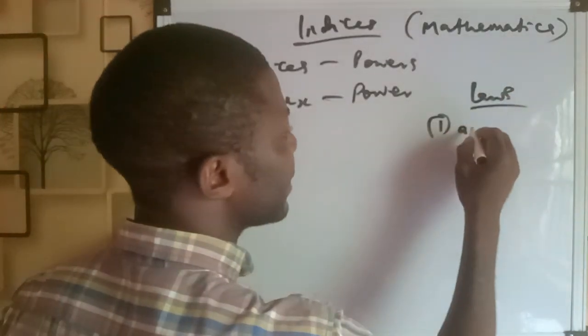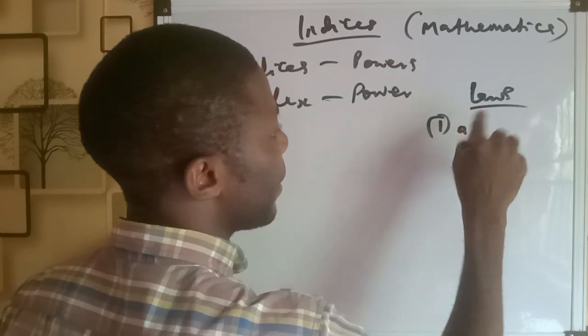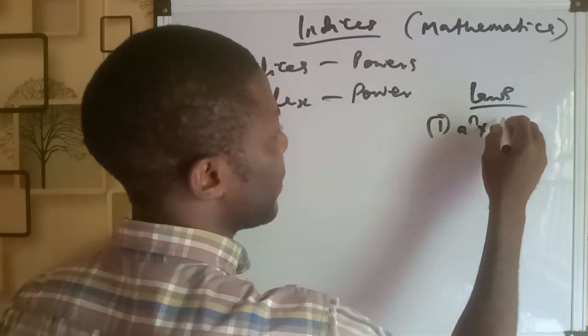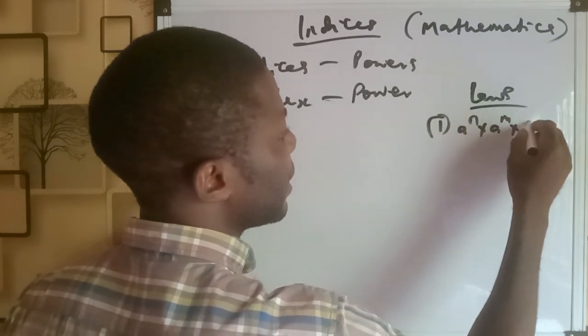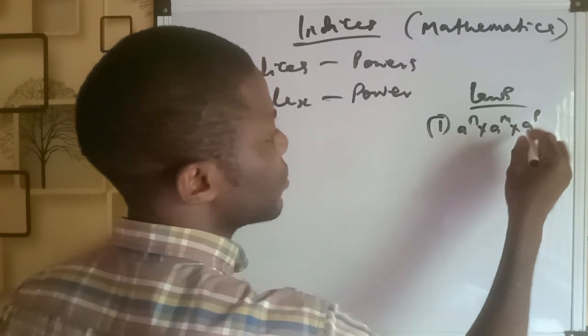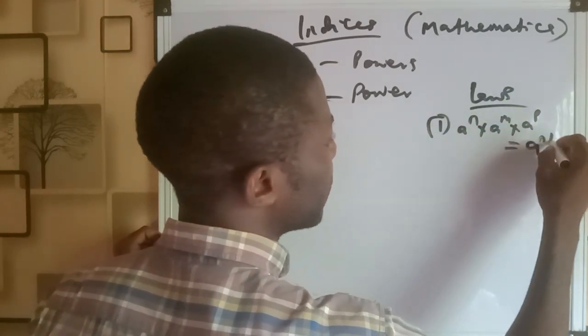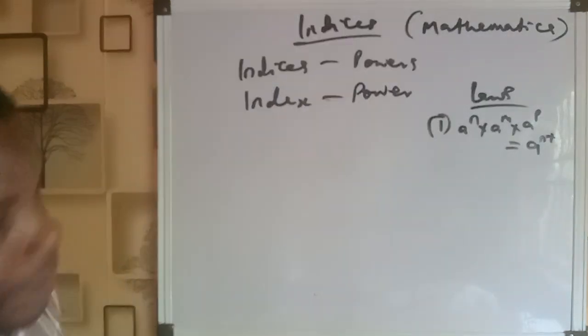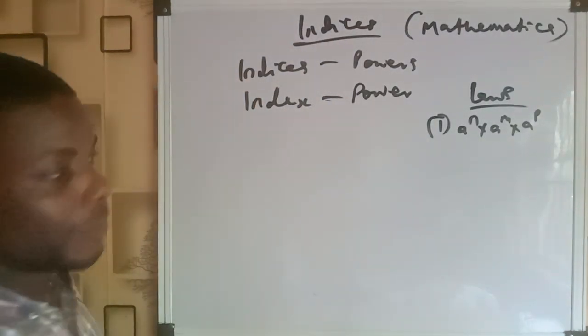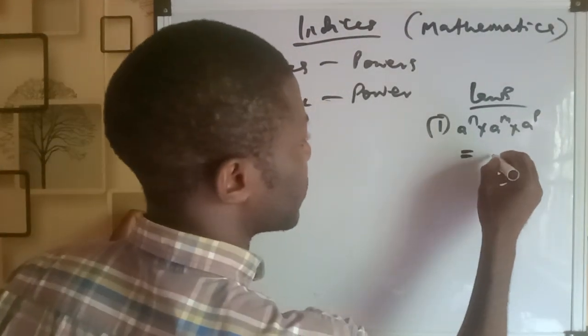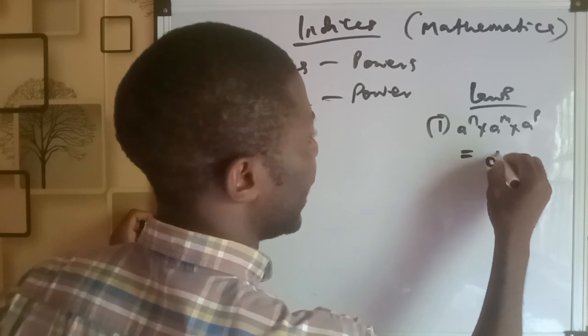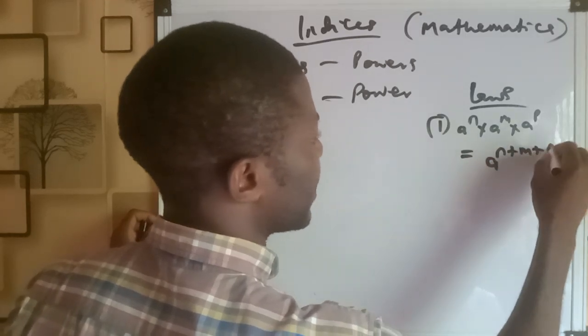If you have a power n times a power m times a power p, it will give you a power n plus m plus p.